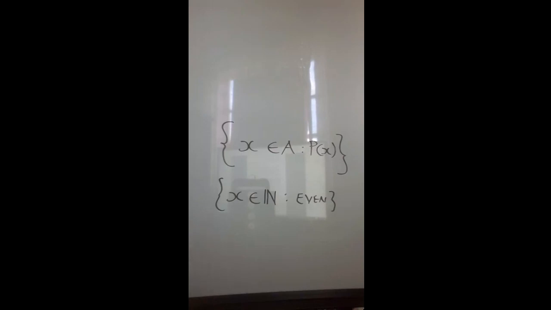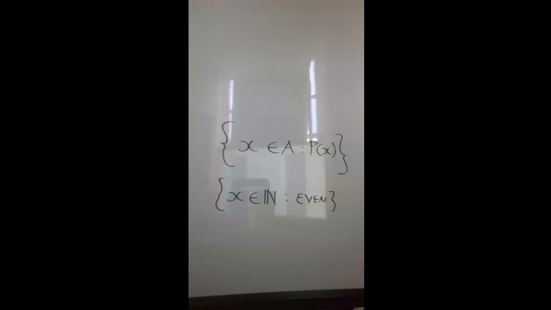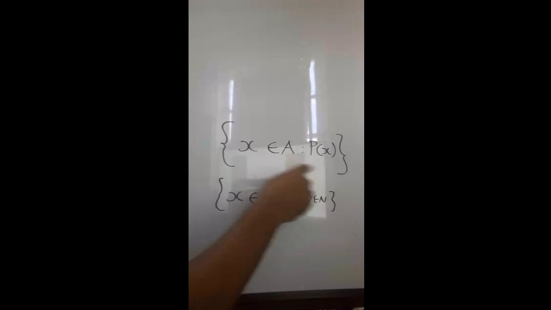So let me write some quick things down. These are some standard notations that you will see. The first one means the set of all elements in A that have the property P of X. Whatever comes after the colon is a certain property.